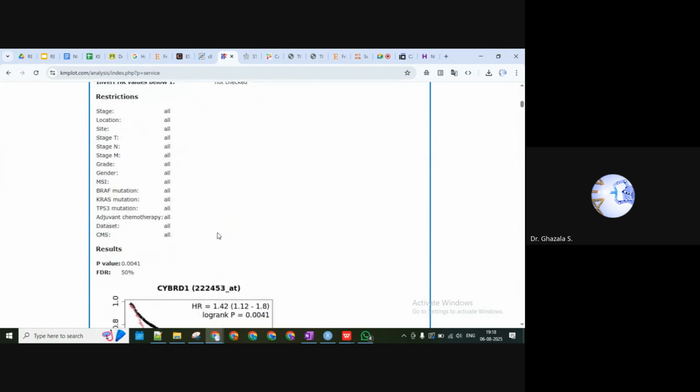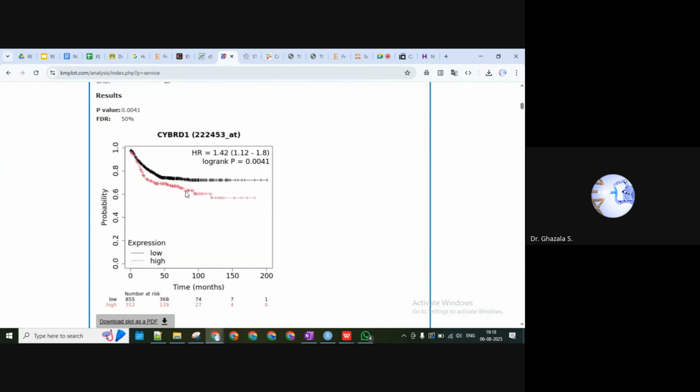But when we see the other genes, we can see the probability is somewhat changing if the gene expression is high or low. Okay, so if expression is high, it means the probability of survival is decreasing over time. Time is on the x scale, so that will help you to filter your genes based on survival.